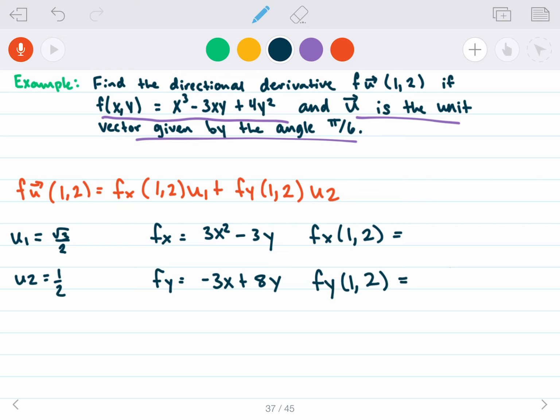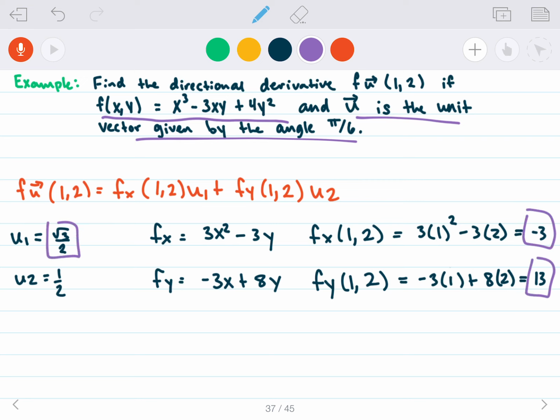This one is going to be 3 times 1 squared minus 3 times 2, and that's going to give me negative 3. Over here, I get negative 3 times 1 plus 8 times 2, and that's going to give me 13. So putting this together with these two components, I can plug everything into my formula up here.